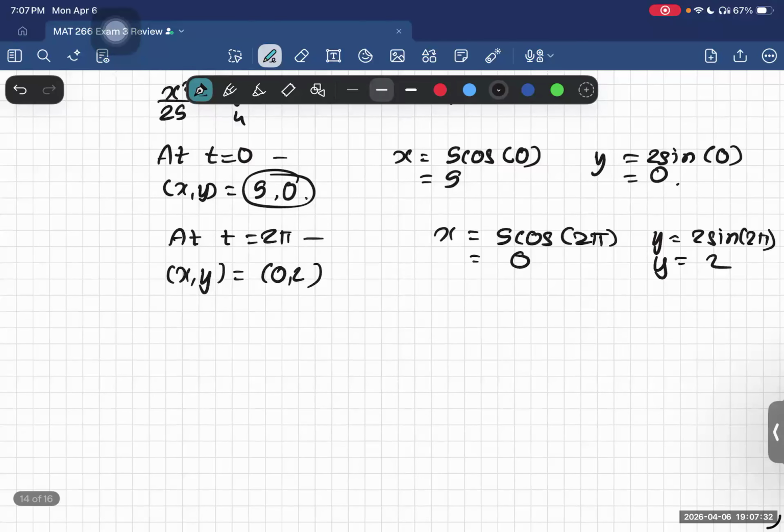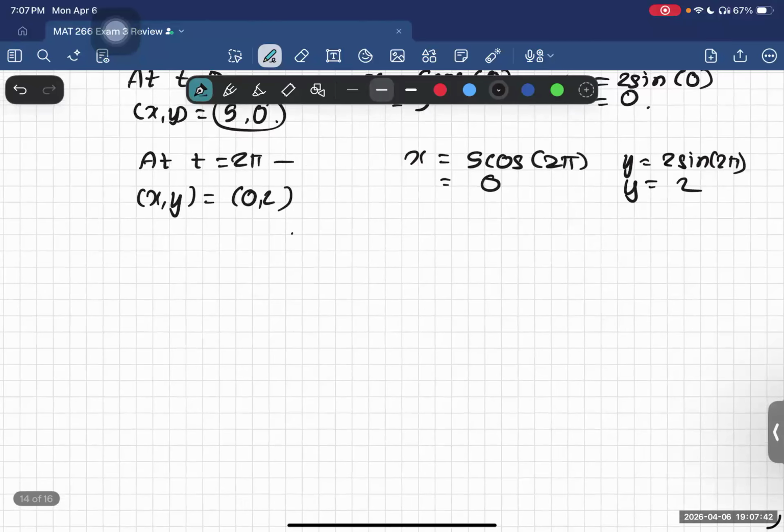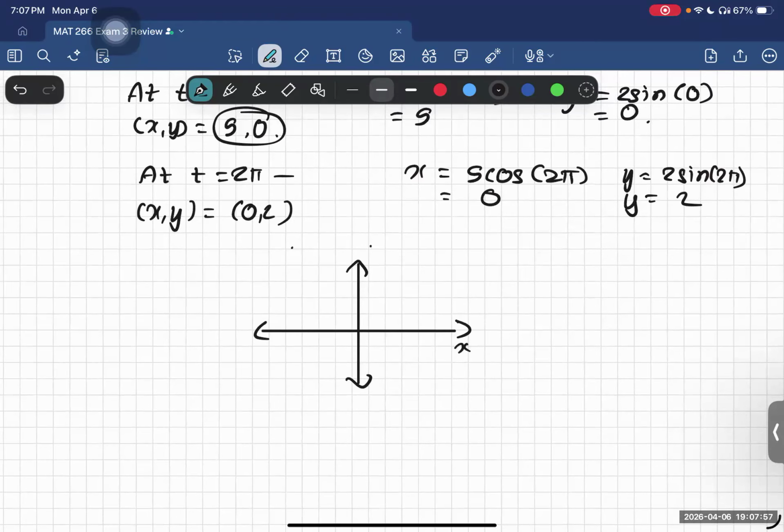Okay, so basically this is saying that as t increases from 0 to 2 pi, the curve moves from 5 comma 0 to 0 comma 2. All right. For example, if we have a coordinate system like this, okay, so at first, let's say this is my x and this is my y.